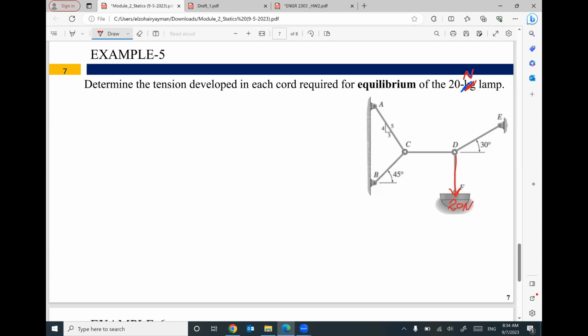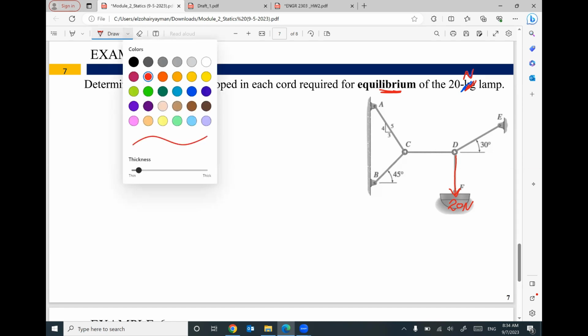To hang up this weight, we used 4 cables, DE, DC, CB, and CA. And this system of the cables and the lamp and the weight, everything is in equilibrium.